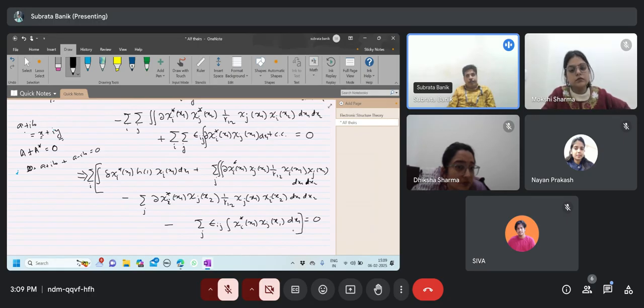Now what does it mean? This sum is equal to 0. I have a similar condition: A plus B plus C plus D plus E equal to 0. The condition is either they are linearly dependent, meaning part of them is equal to minus part of others.